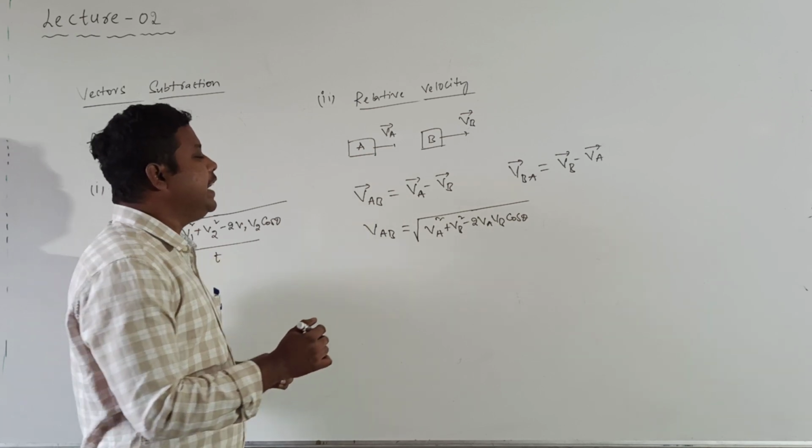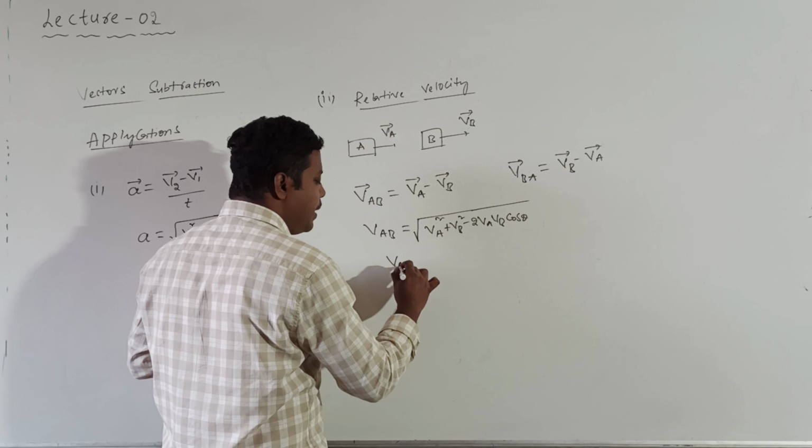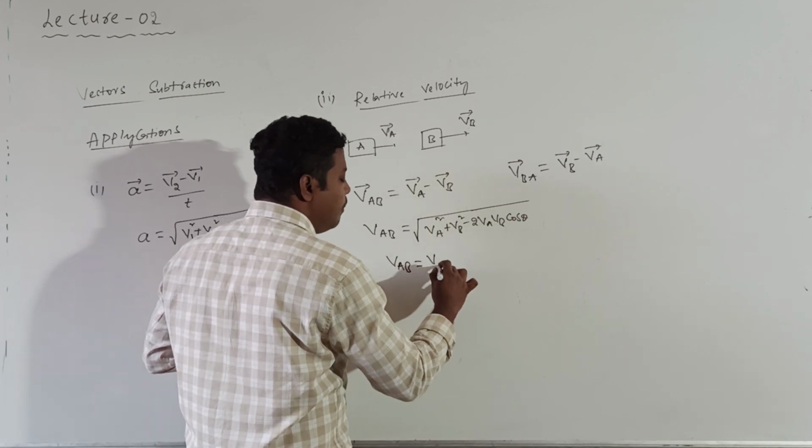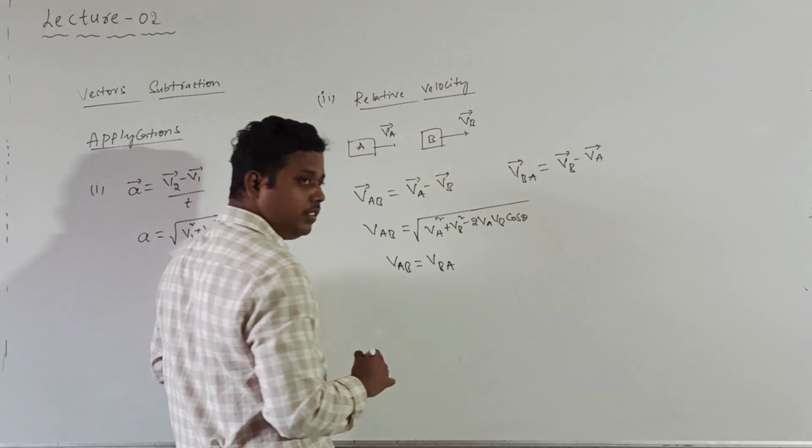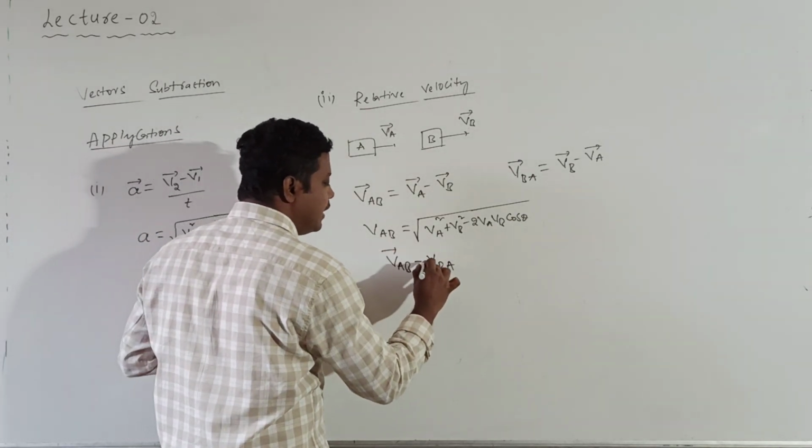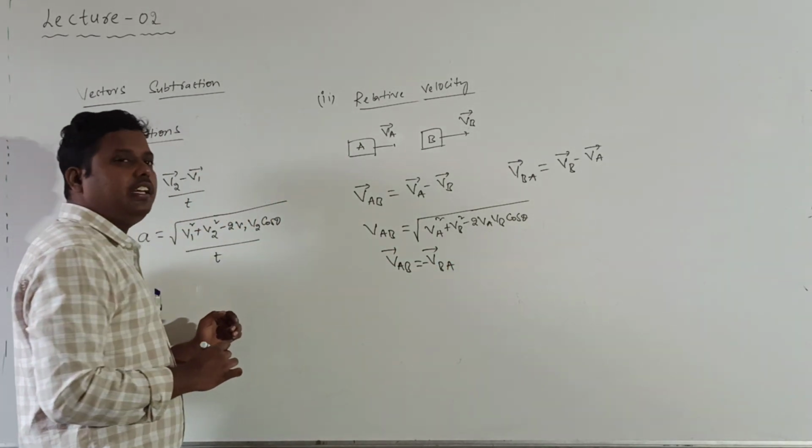Actually, the magnitude of VAB will be equal to the magnitude of VBA. Both magnitudes are equal, but the directions are opposite. So VAB bar can be written as minus VBA bar. That is the relation.